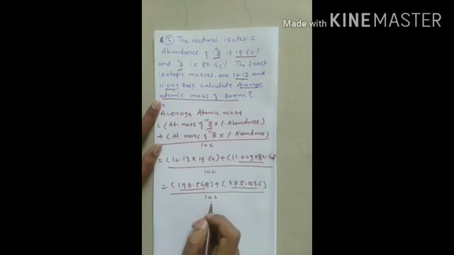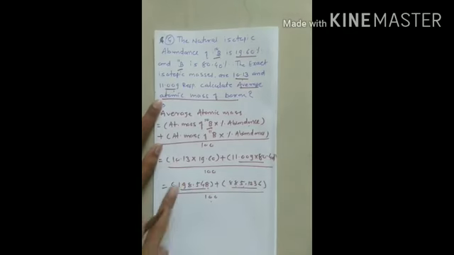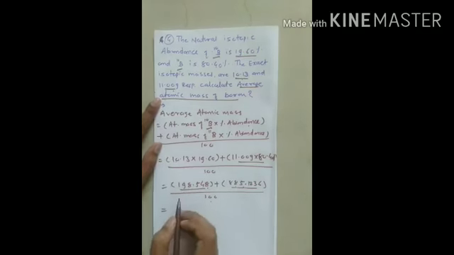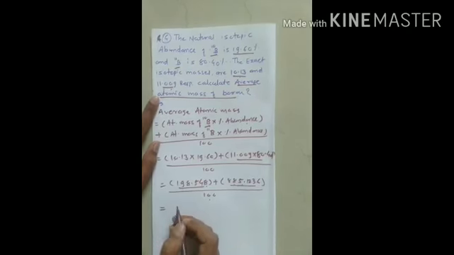Most of the time, students will calculate it on a rough sheet and directly put the answer here. That method is okay for CET, JEE or competitive examinations, but for your theory or board examination you have to write the answer in steps, because marks are allotted for each and every step. This is most important.